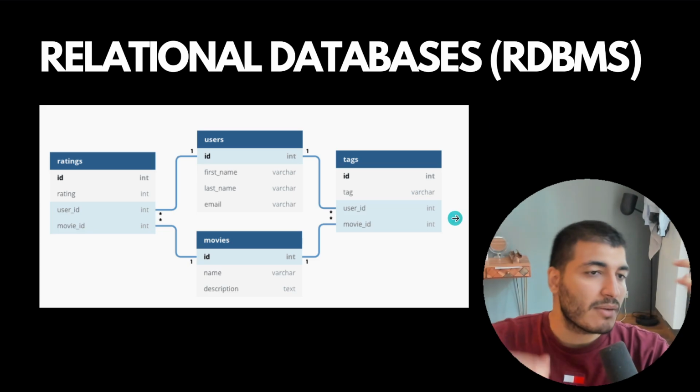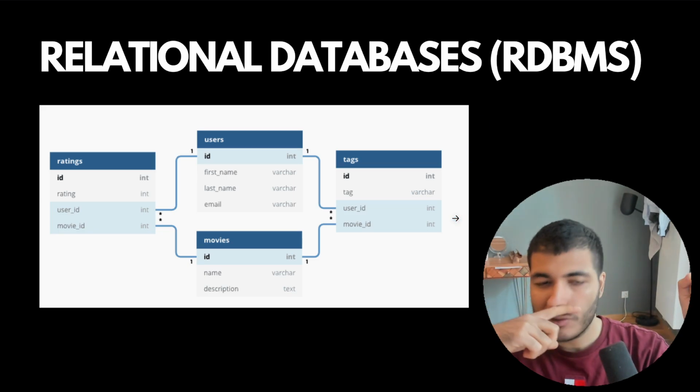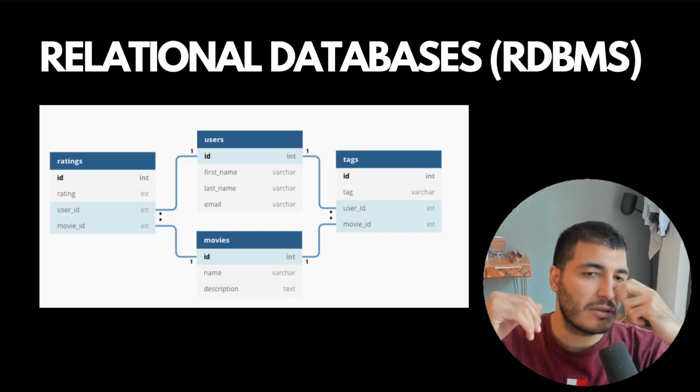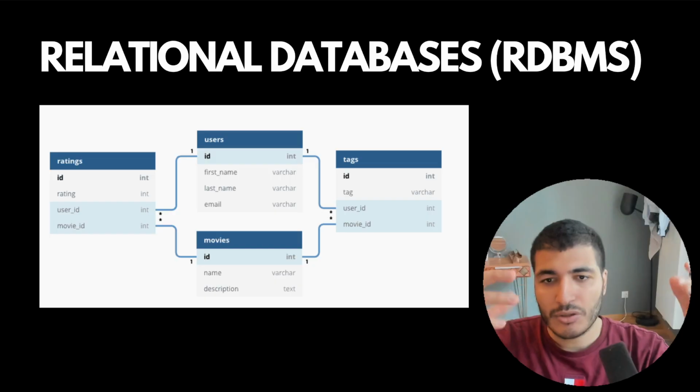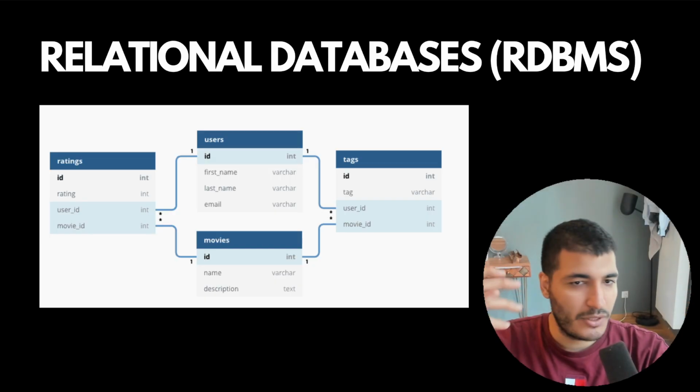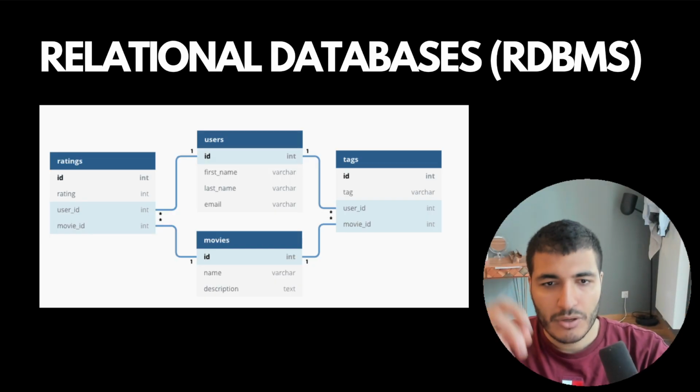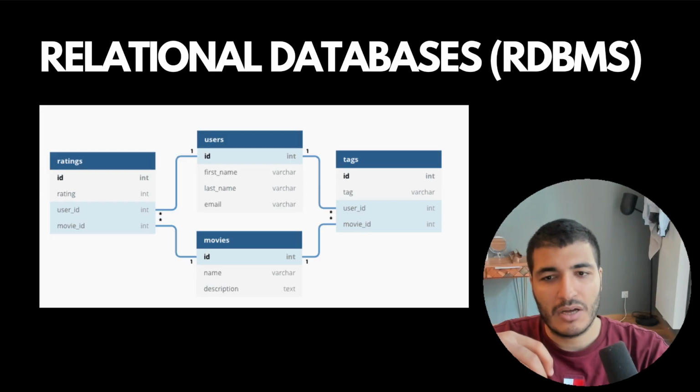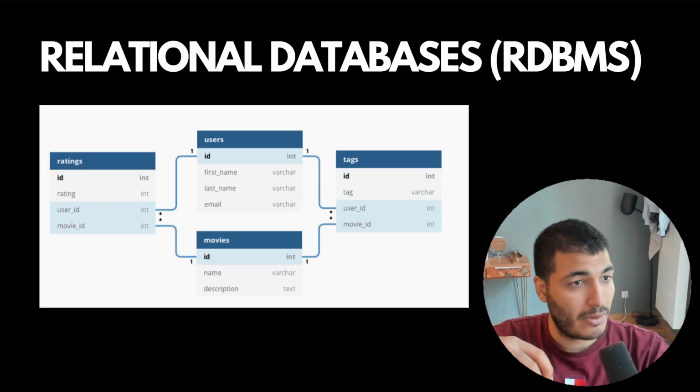So let's talk about some common uses for relational databases. The first thing, I guess, they can be used in enterprise applications, like managing critical business data like customer information, inventory, employee records, and financial transactions where data accuracy and relationships are paramount.